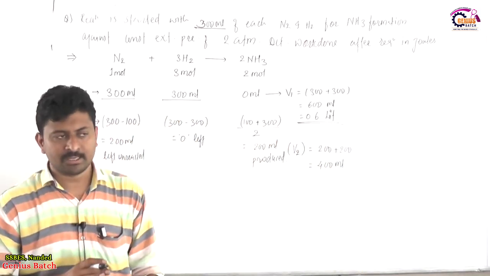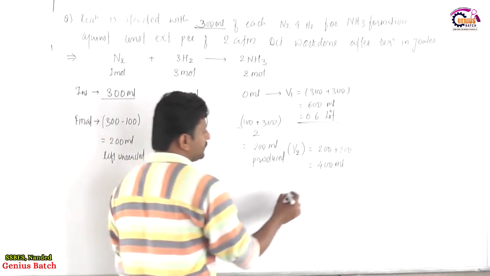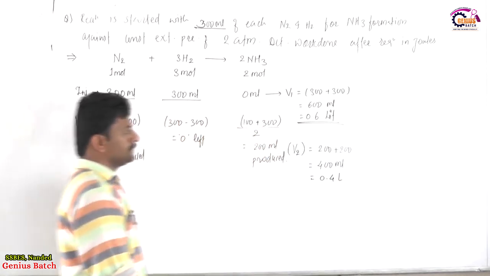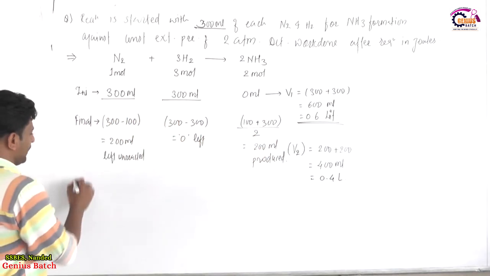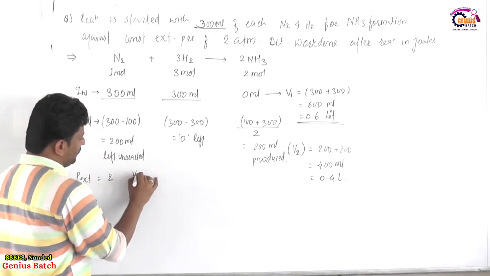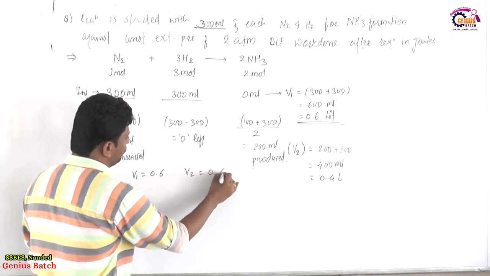Initially it was 600 ml. After reaction it is 400 ml, which means 0.4 liter. And now we have all the required values. P external is equal to 2, V1 is 0.6, V2 is 0.4.